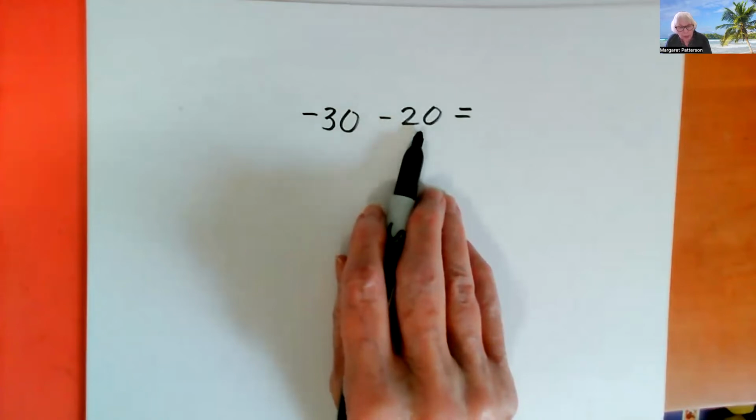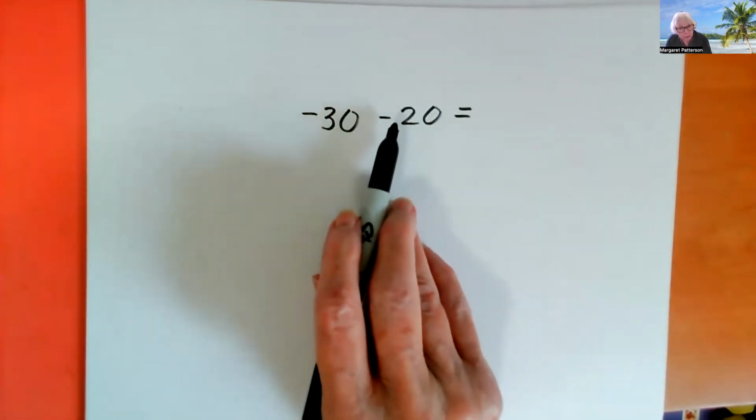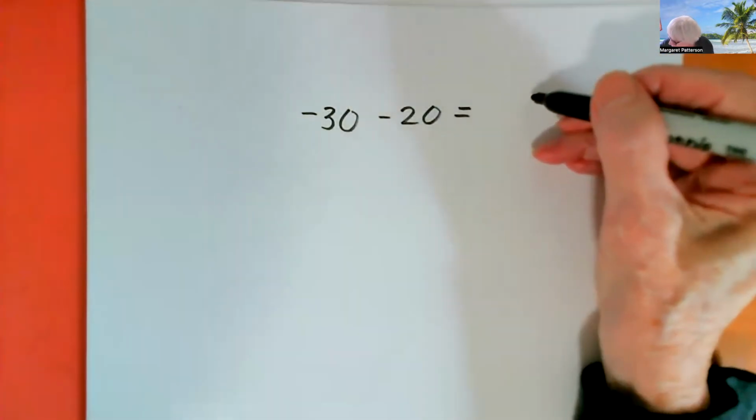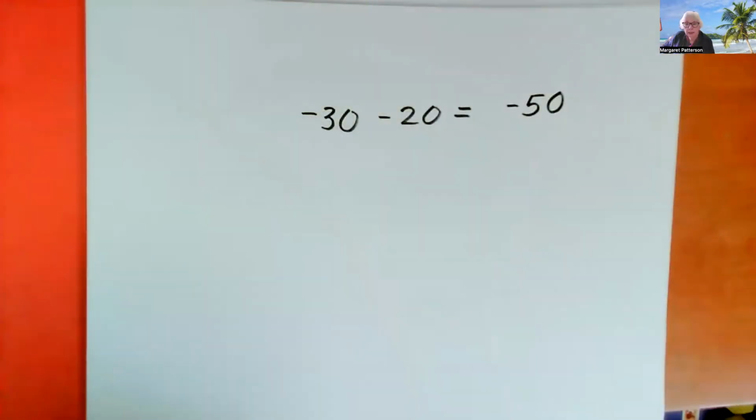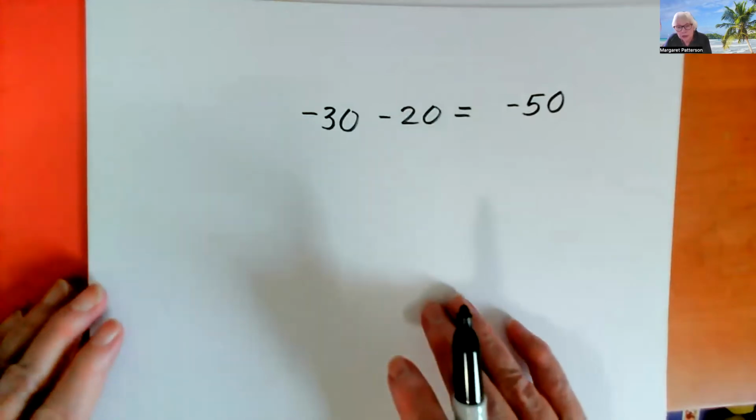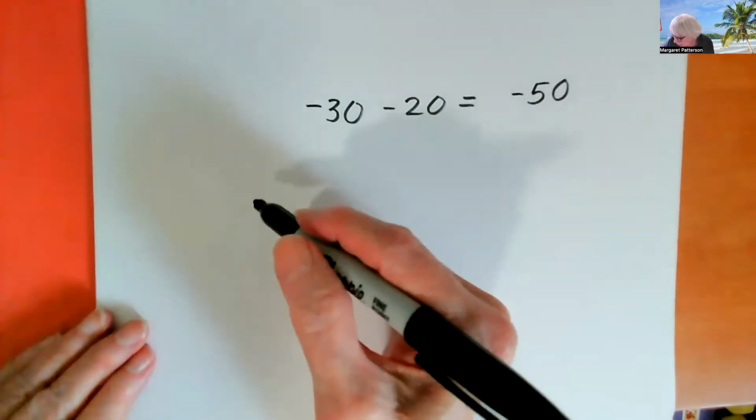Where are you? Well, they're both the same, they're both negatives, and so you add them, and 30 and 20 make 50, but it's 50 to the minus. So as the numbers get larger, you definitely have to remember the rules. So let's do a larger problem.